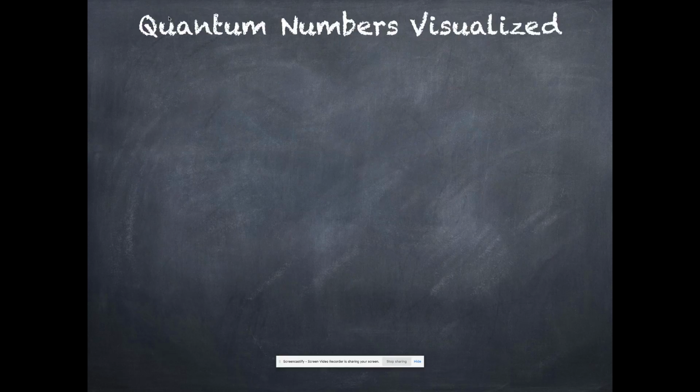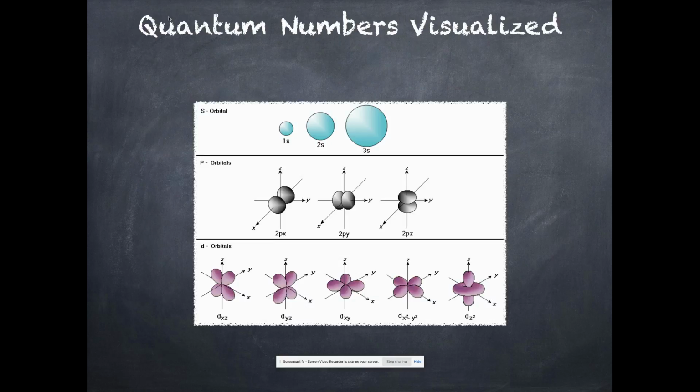All right, so now, let's see if we can visualize this. Here are pictures of the s, p, and d orbitals. Now, the principal quantum number n is best illustrated by looking at these three spheres for the s orbital. As they get bigger, that is the value of n increasing.